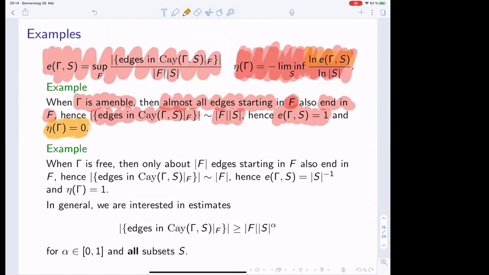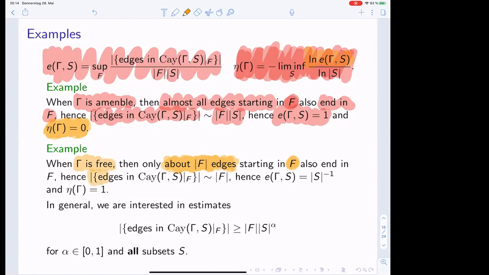So let's look at another example. Let's look at the example when gamma is a free group. Then if you take a set F, the induced subgraph will be a forest, or in the worst case, a tree. So the number of edges contained in this forest or tree is about the same as the number of vertices.